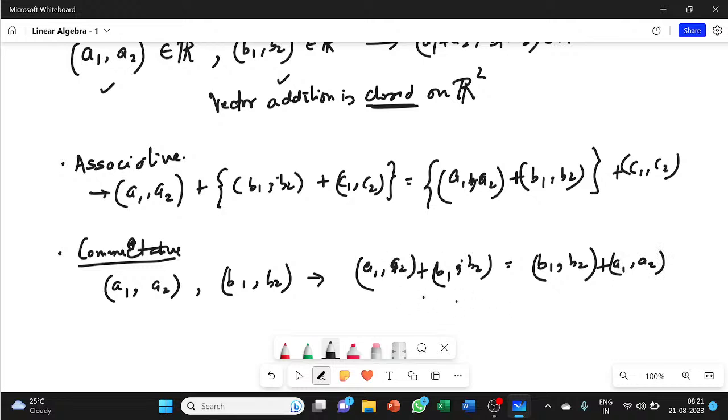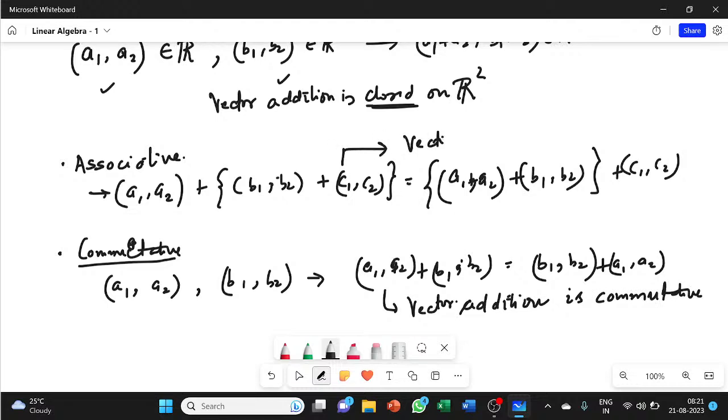So this is what you call that your vector addition is commutative.